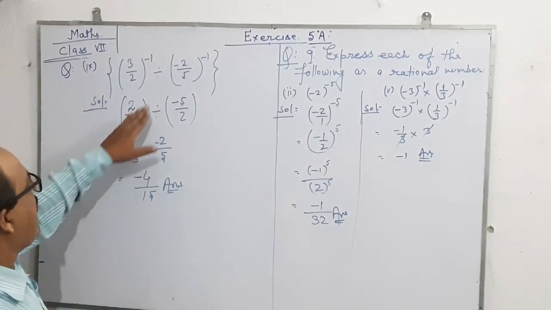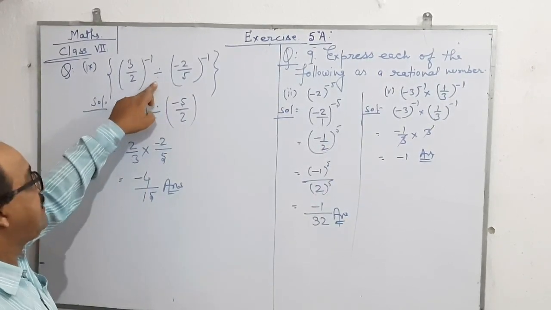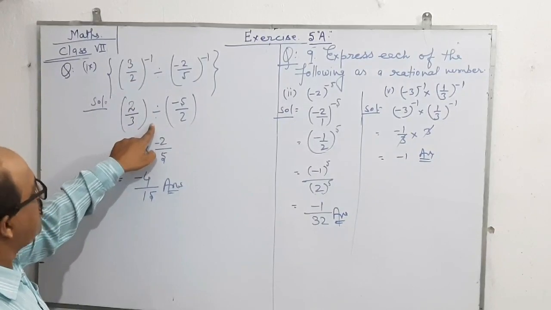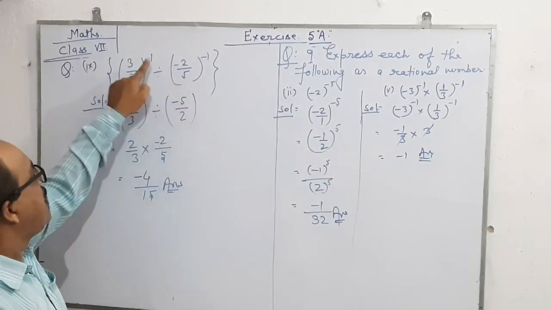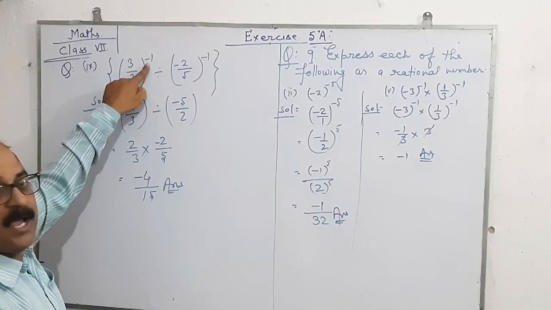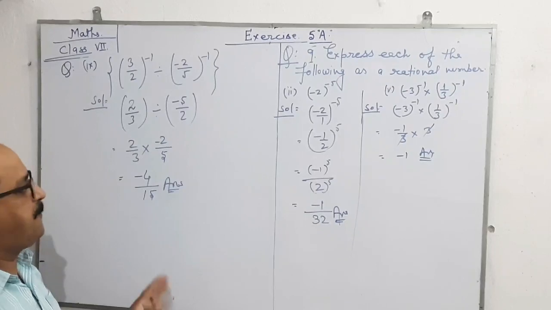So nothing else, as we know, here it is given as a fraction division, and we do the very simple process, but only the negative exponent is given, that's why we will do it the simple way.